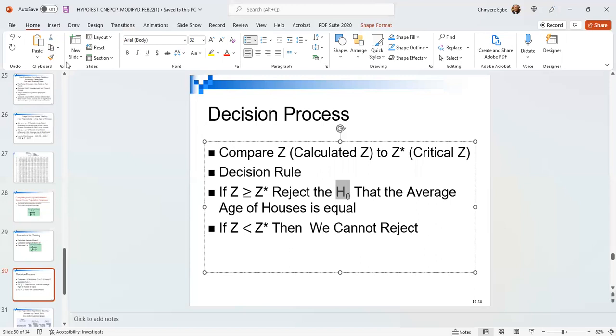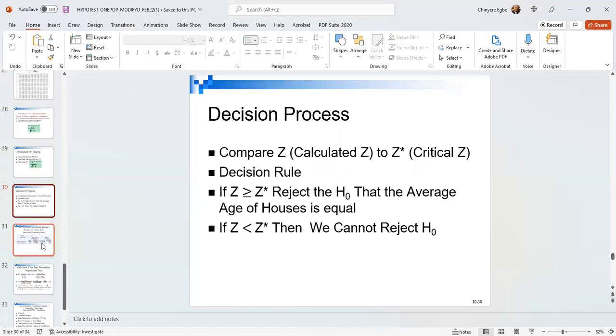And the simple thing that ordinary people say is that we accept the null hypothesis. Well, actually, statisticians are very careful. And so we simply say we cannot reject the null hypothesis, but our conclusion will usually be that the alternate hypothesis is true. Okay, that is what will be our conclusion, that the alternate hypothesis is more likely to be true. So that is the decision process, and from which we get a decision rule.